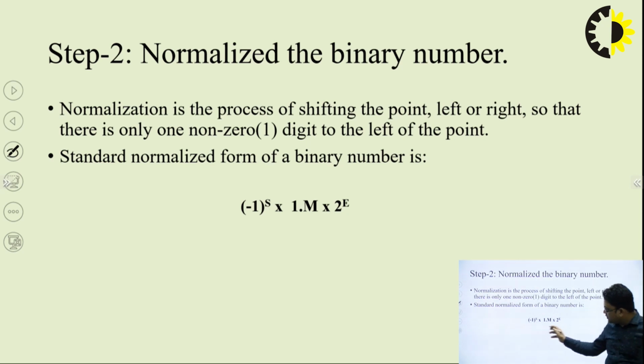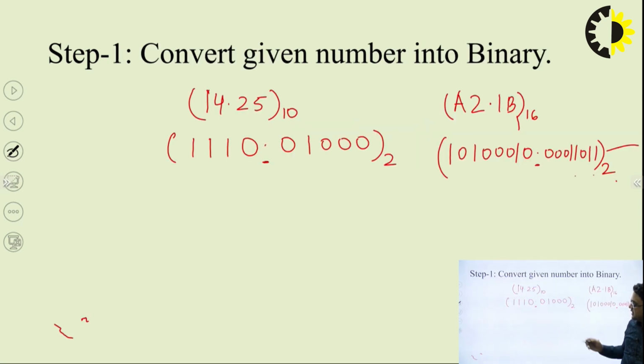And this is how it will look when we represent our number in the normalized form. This will represent the sign, this will represent the mantissa part, and this will represent the exponent part, right? So let's take an example. Let's consider this number, 1110.01000.